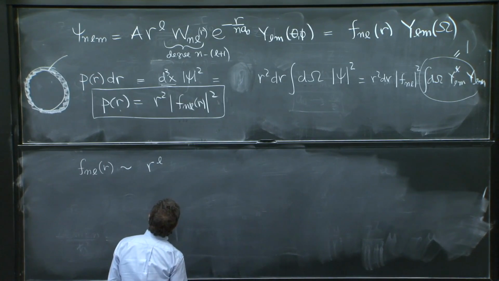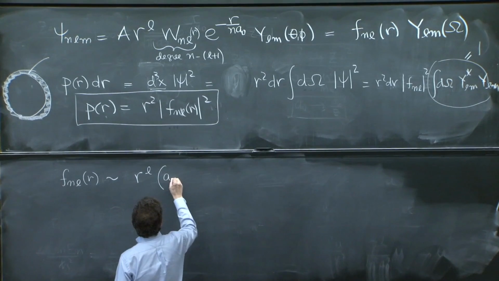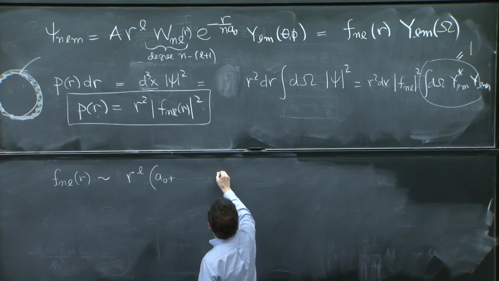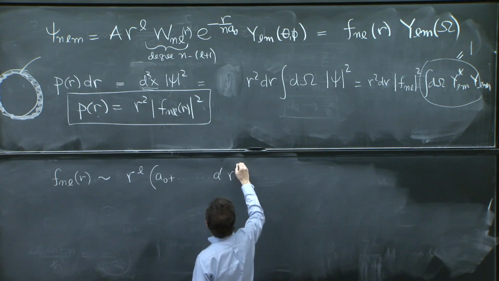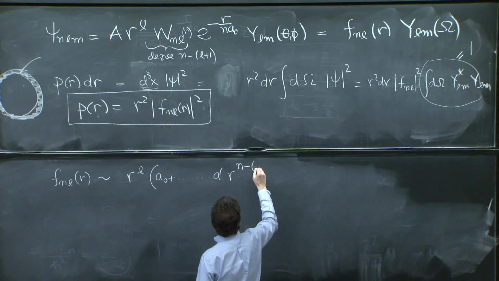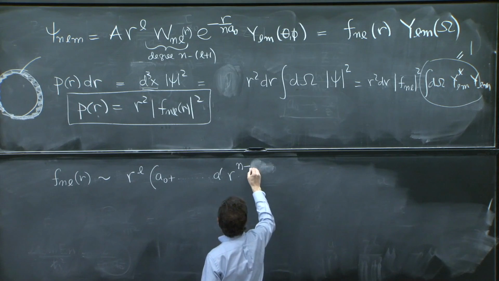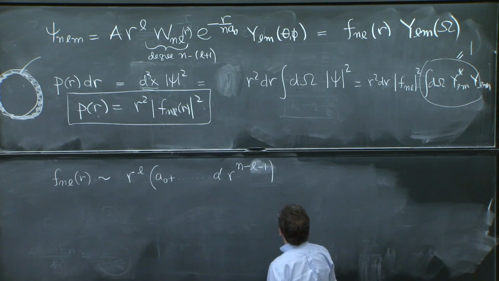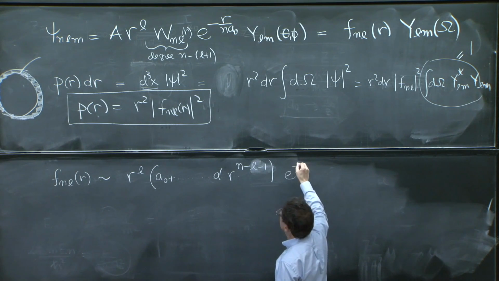And it's a polynomial of that degree, so it begins like a naught plus up to a coefficient a prime r to the n minus L minus 1. And then I have the exponential.